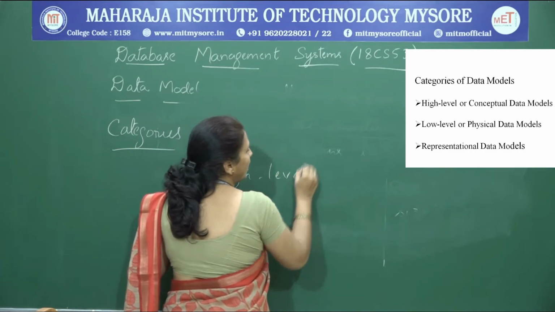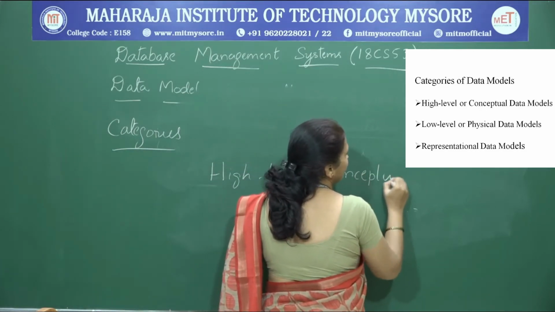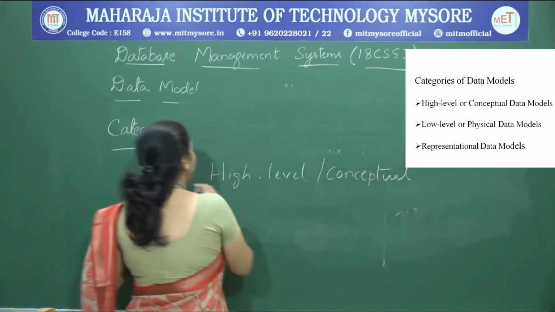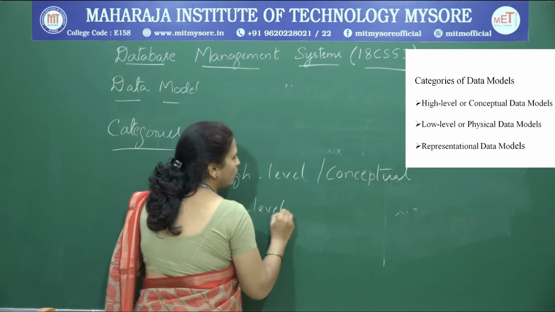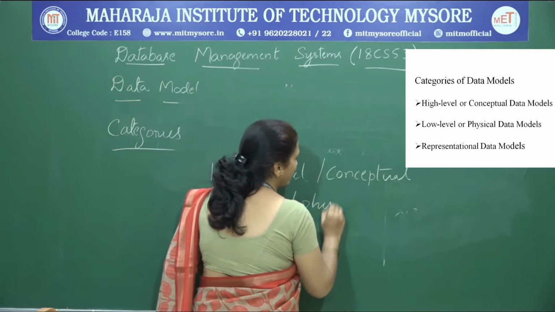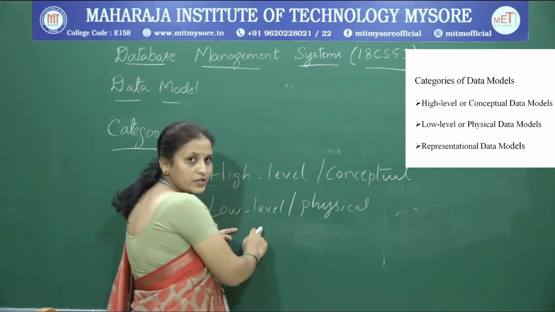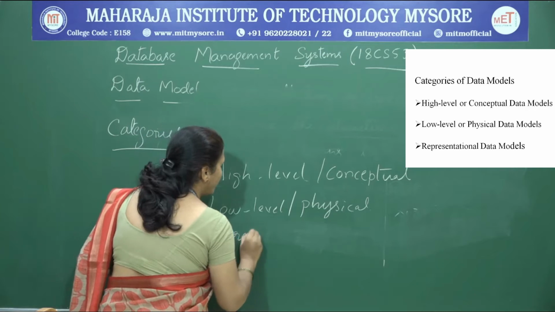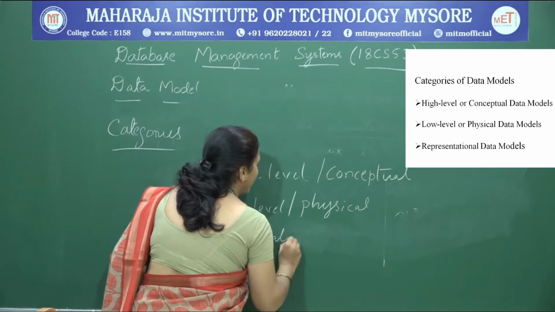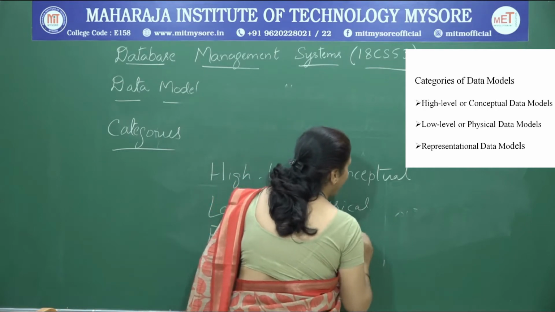One is high level or conceptual data model. The next is low level or physical data model. Between these two, we have one more, that is representational data model.